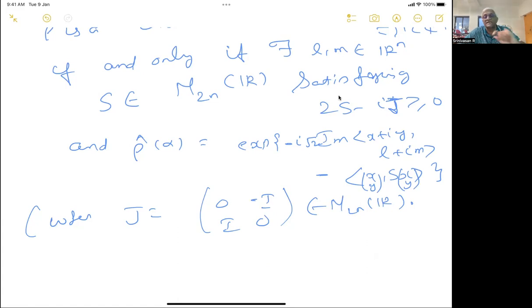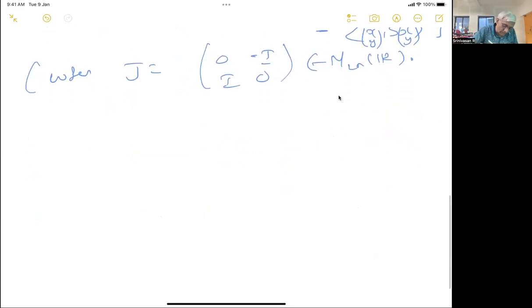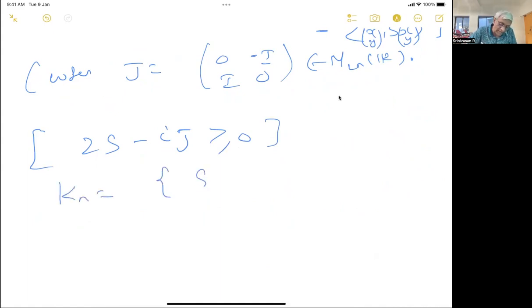So today we will discuss this condition, this uncertainty condition, which we have seen is basically the uncertainty condition in 2x2 matrices. Okay, so 2S minus iJ greater than or equal to 0. So this condition we want to discuss. Okay, all those matrices. So I denote K_n equal to all those S in M_2n, all those matrices which are covariance matrices of Gaussian states. So the only restriction is on the covariance matrix.